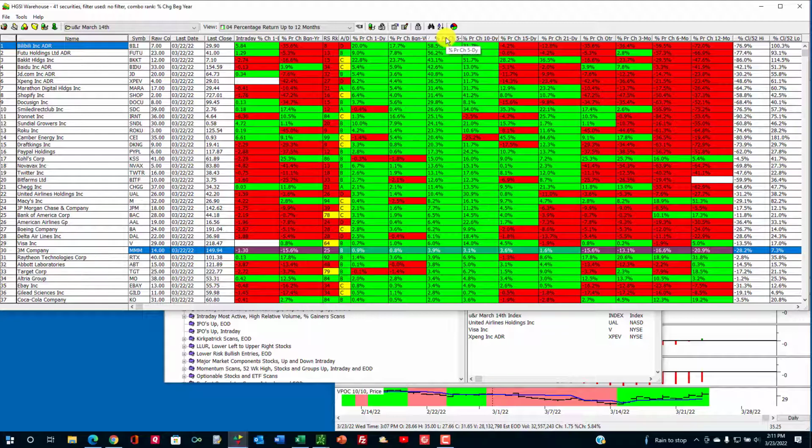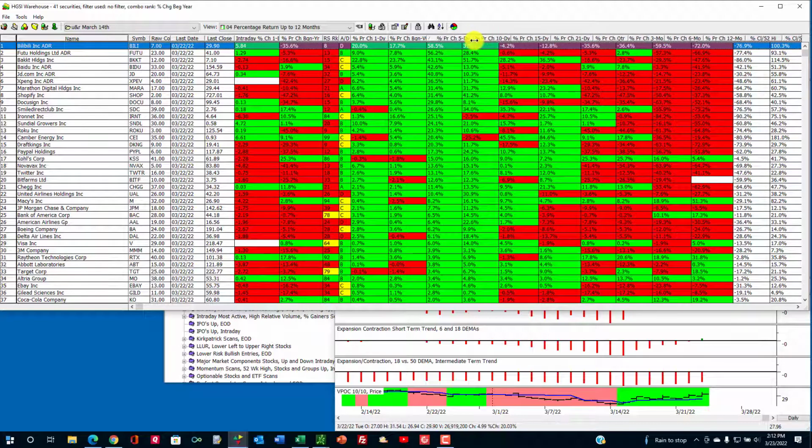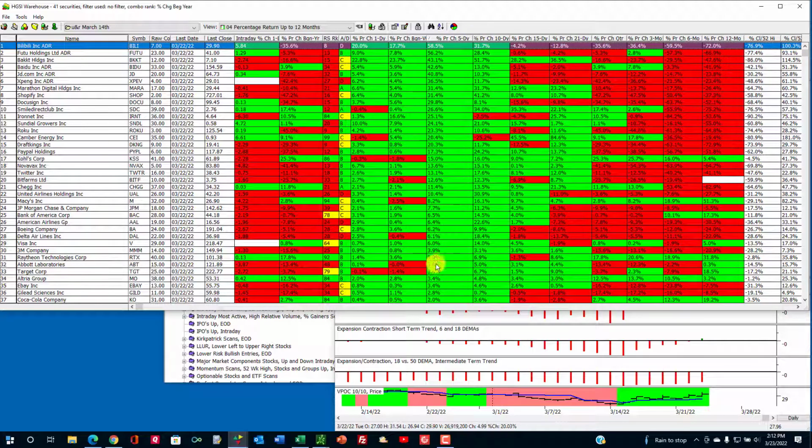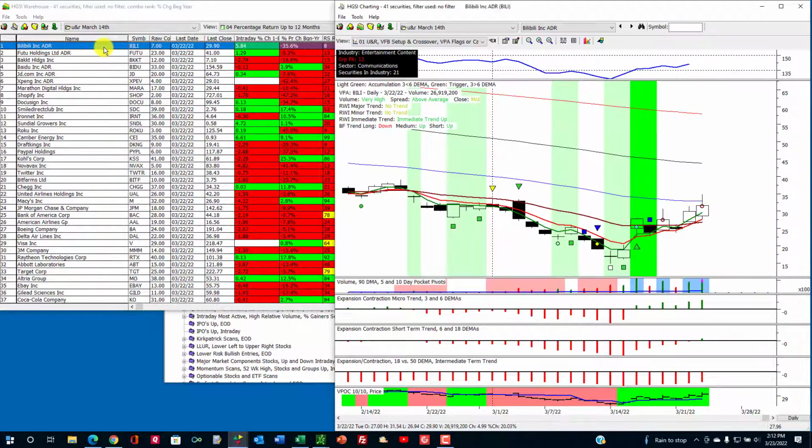This is the 23rd, so it's, let's see, 15th through the 22nd. There are 6 trading days rather than 5, but you can see with this sort on the 5-day, all of these are in the green, of course, and here are the results over that 5-day period. Now, I'm just going to go through a couple of these.